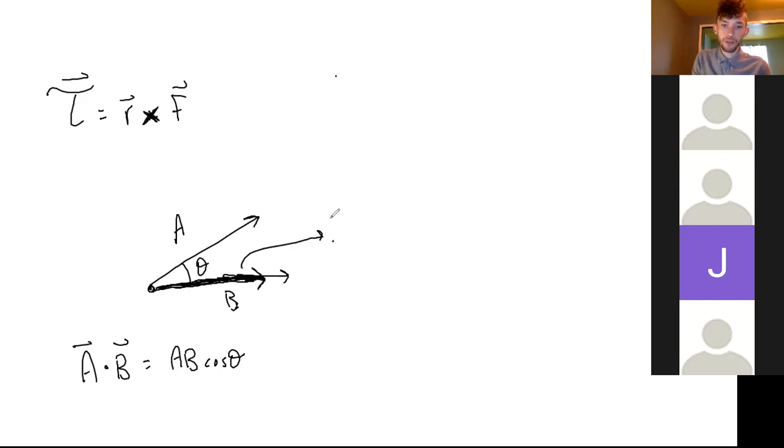It would be equal to A cosine theta. So it's like I'm taking one vector, the B vector, and amplifying it by the component of the other vector that lies in that same direction. And the answer to a dot product is not a vector, it's a scalar. So sometimes we call this scalar multiplication or a scalar product.